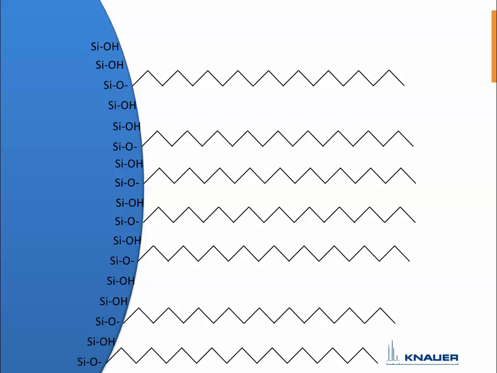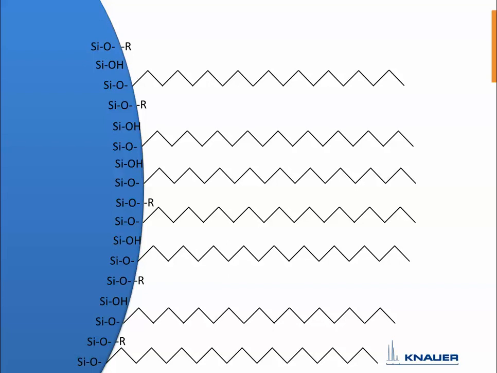If you want to have an end capping, you will need a second modification step. So the column producer now does a second reaction to bring some groups on the remaining places where there are no C18 chains on the silica gel surface. And these groups could be nearly anything. And this again leads to so many different selectivities on the market, also for C18 columns.